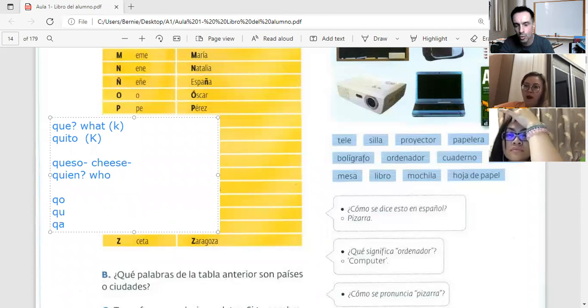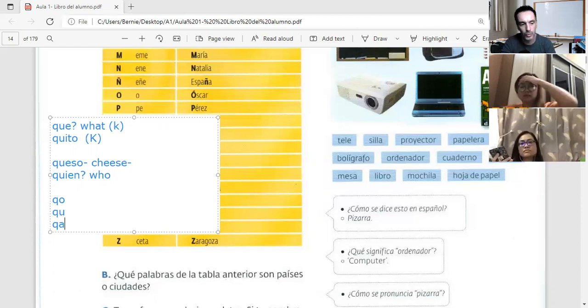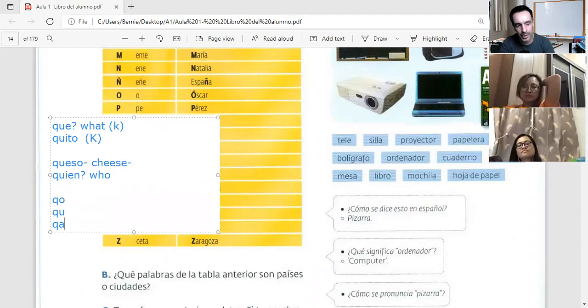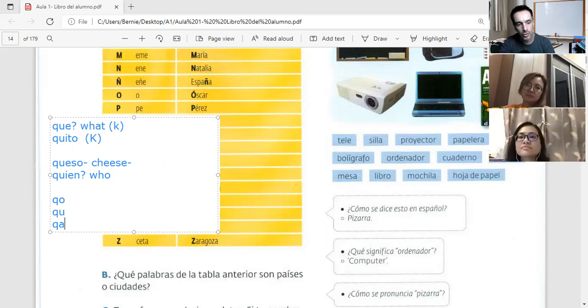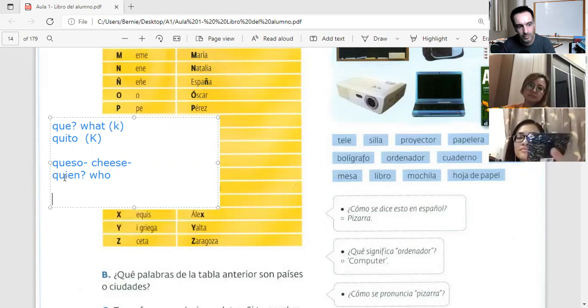Ko, ku, ka is the same pronunciation as K. Generally it will be with qu in the middle, but the u gets mute and the next vowel comes out. Ke, ki. So the U gets mute. That's the most difficult thing.